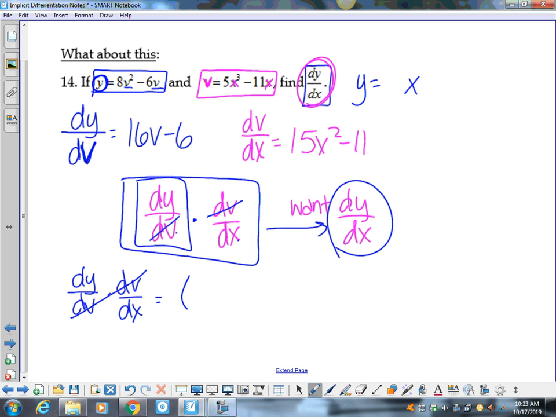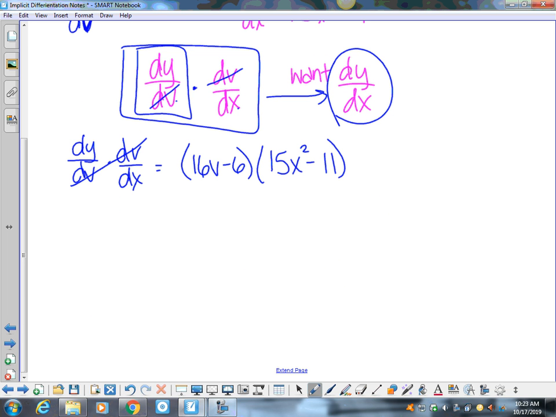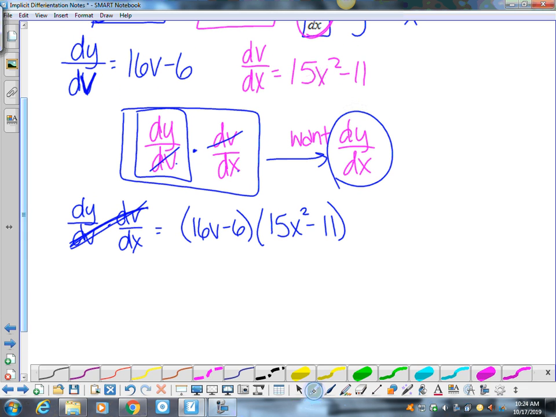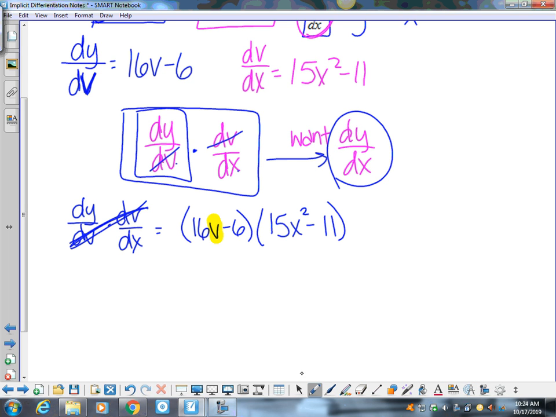So that's going to give me dy dv is 16v minus 6, and I'm going to times that by 15x squared minus 11. Now technically that is dy dx. The problem is they're not going to leave the answer that has a v in it.